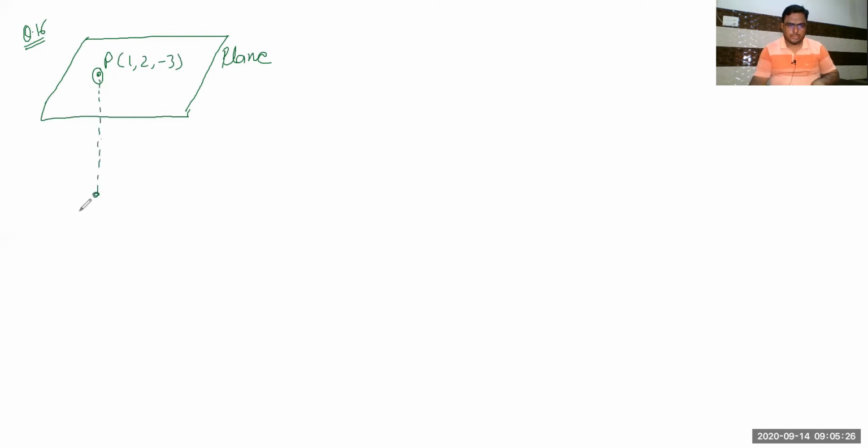Let this point be the origin. Its coordinates are (0, 0, 0). And according to the question, our plane is perpendicular to OP. We want to find out the equation of this plane. Now see.